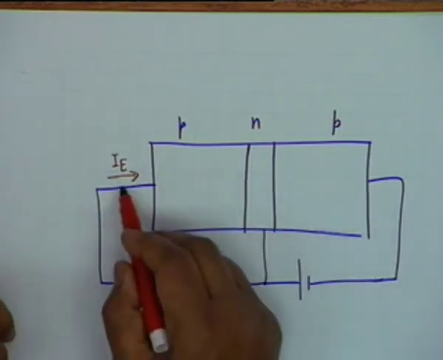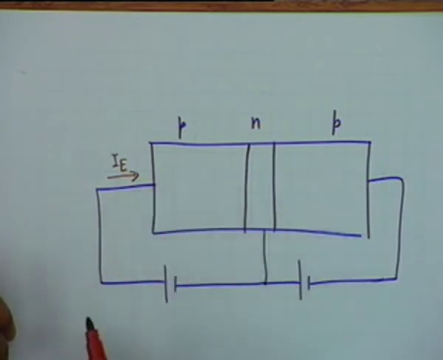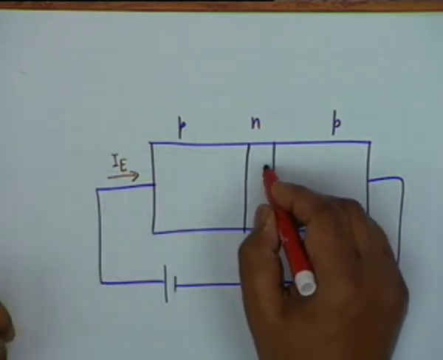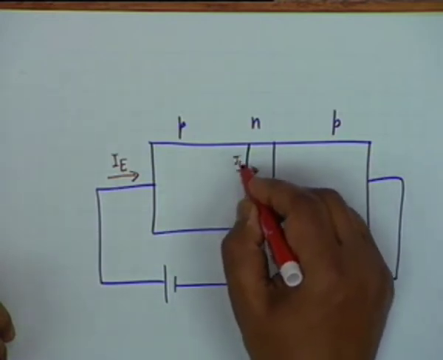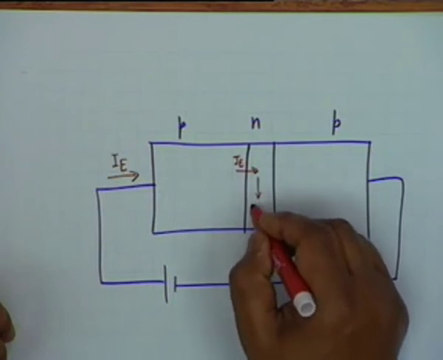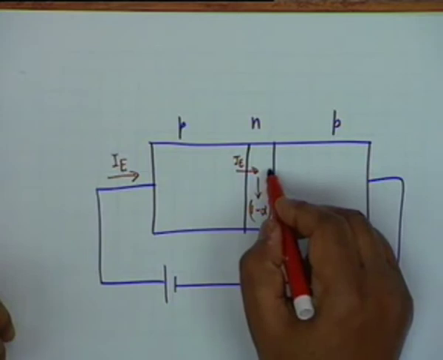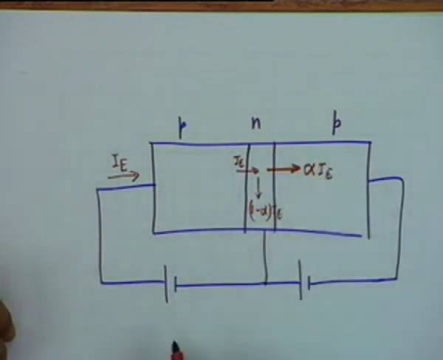So the direction of flow of carrier is the same as the direction of the current. I sub E enters here, a fraction of it goes to the base, 1 minus alpha I sub E, and the other fraction goes into the collector, which is alpha I sub E.